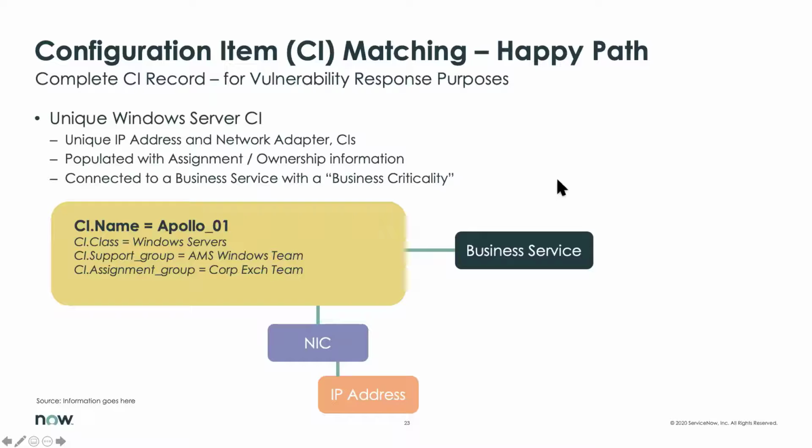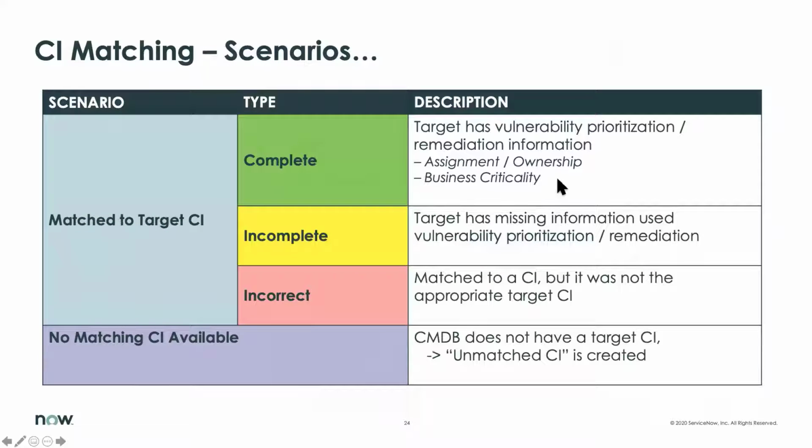When we're looking at how we match, there are different types of scenarios for matching. Often we say, just because you match to a CI, that doesn't mean you got to win. If we take a look at that green box there, call this a complete match, the happy path, where we've matched to a unique CI, and on top of that, it has all the information we need, selfishly for vulnerability response purposes.